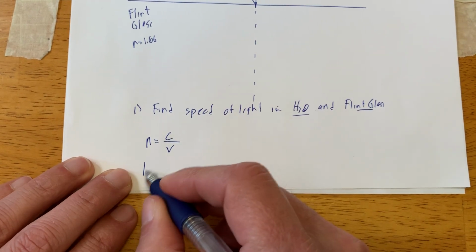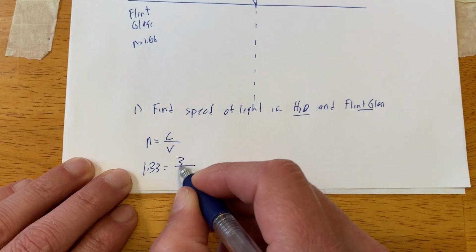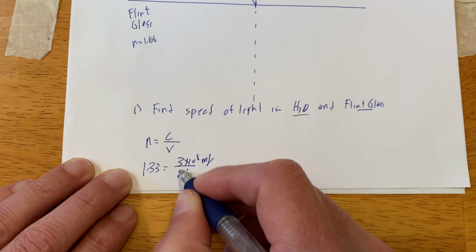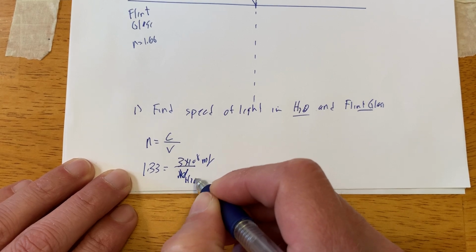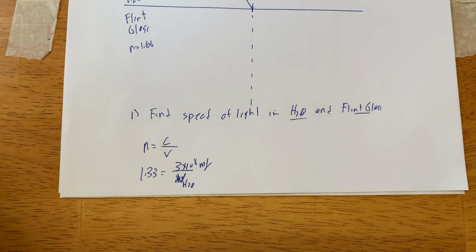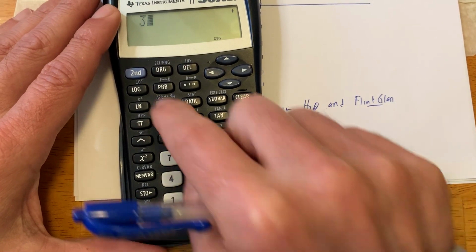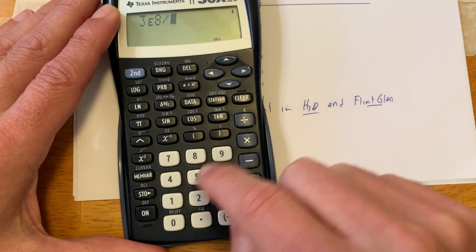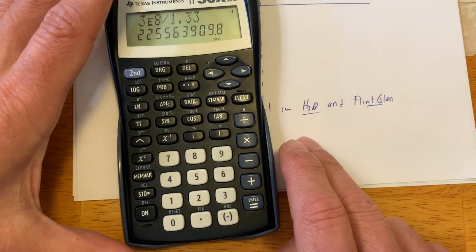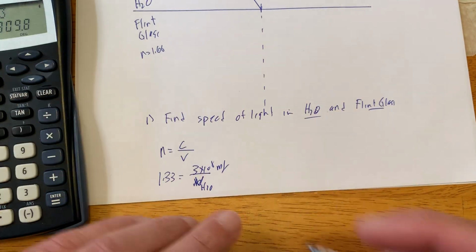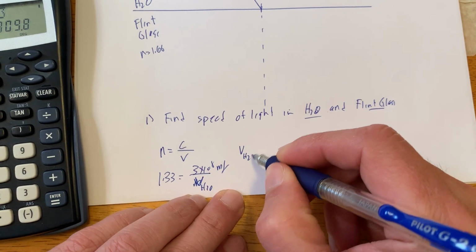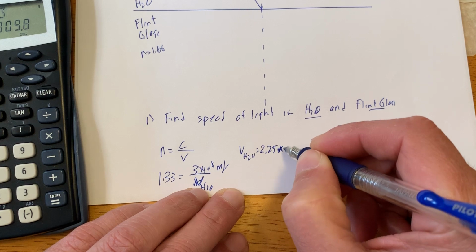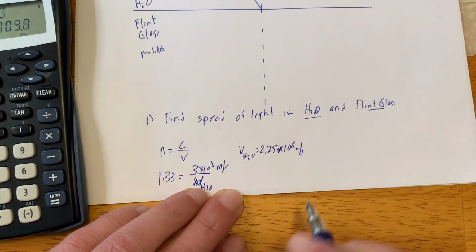We just kind of did this, so 1.33 equals 3 times 10 to the 8th meters per second over v. This is velocity, let's call it H2O. So we'll do a little bit of math here. So what do I got? 3 times 10 to the 8 divided by 1.33, and about 2.25. So velocity in H2O, 2.25 times, my bad, 10 to the 8th meters per second.